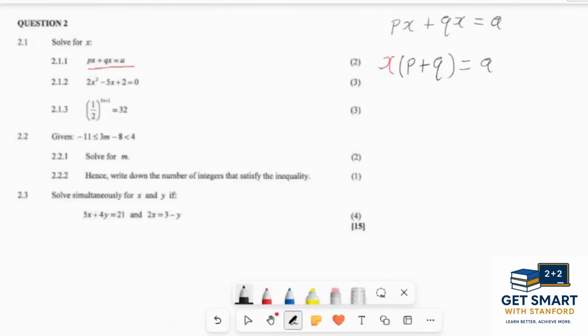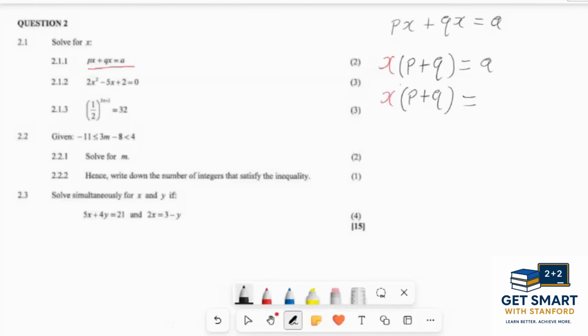Now we've got x and we've got the brackets. What's inside the brackets is p plus q. So for us to get rid of p plus q, so that we are left with x only on the left hand side, we will write x as it is, and we are going to write p plus q as it is.